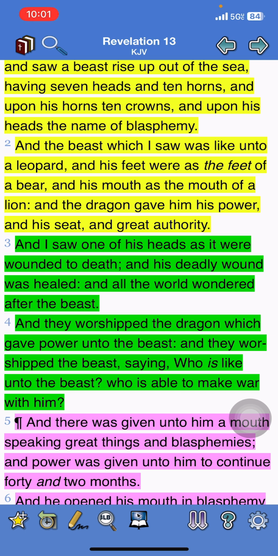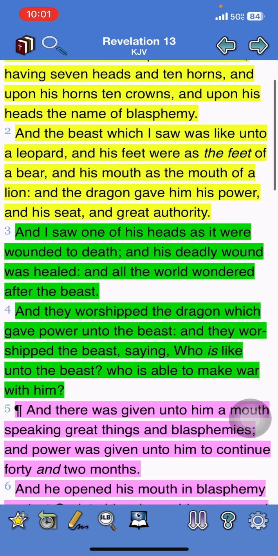And this bear represents Russia. "And his mouth as the mouth of a lion, and the dragon gave him his power and his seat and great authority." You see that? So this is where they get their authority from, that dragon, from the Roman Empire. That's who gave him that authority, that great power.